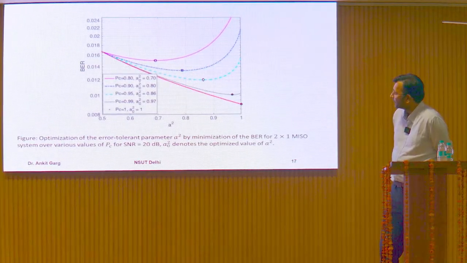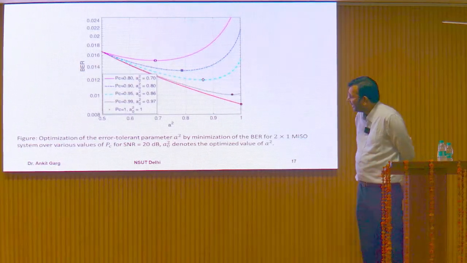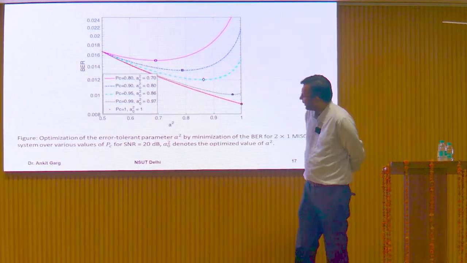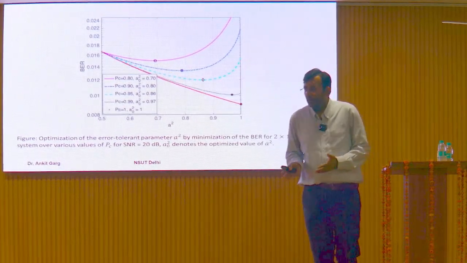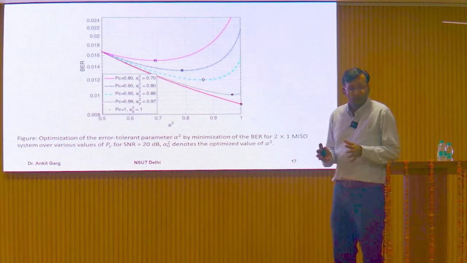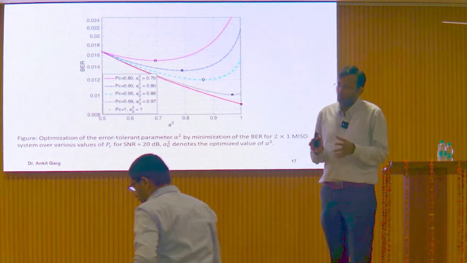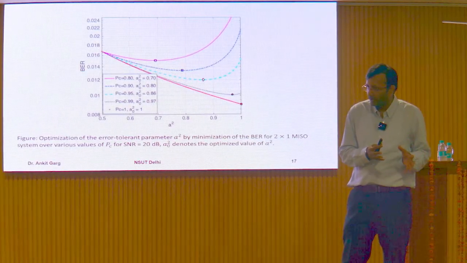If we do H Hermitian H, we would get mod of H1 square plus mod of H2 square times an identity matrix, which leads to an effective channel matrix. This effective channel matrix is going to be orthogonal, and through orthogonality we get independent values, right?